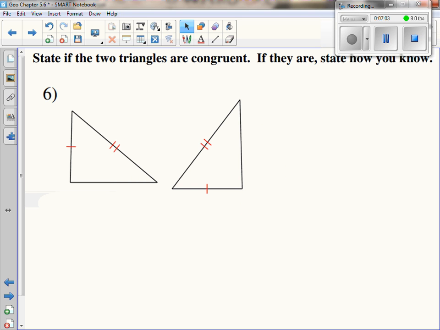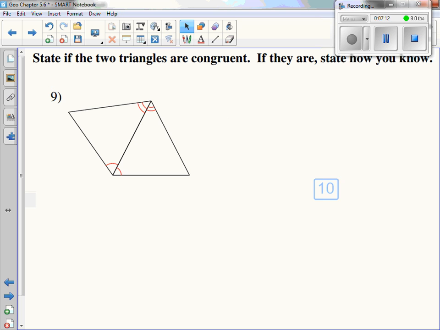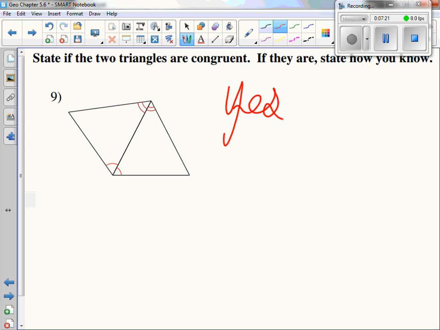Can we say that these two triangles are congruent? Not enough information. No, not enough information. We need more information. We either need another side or angle. Angle, side, angle.